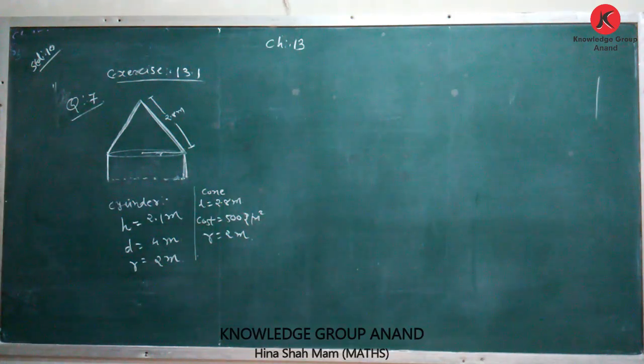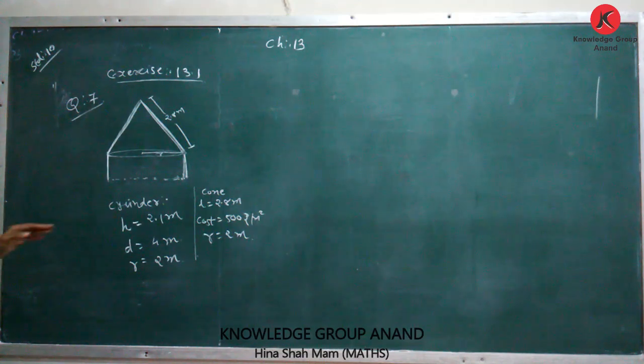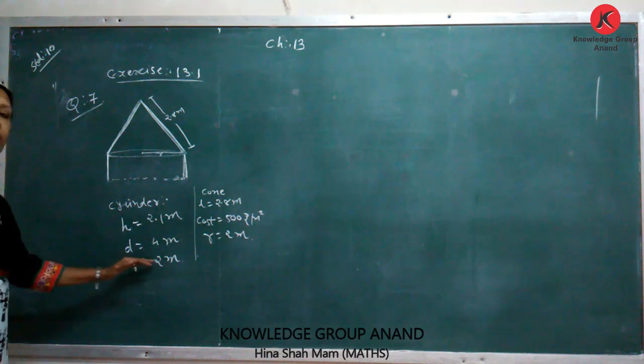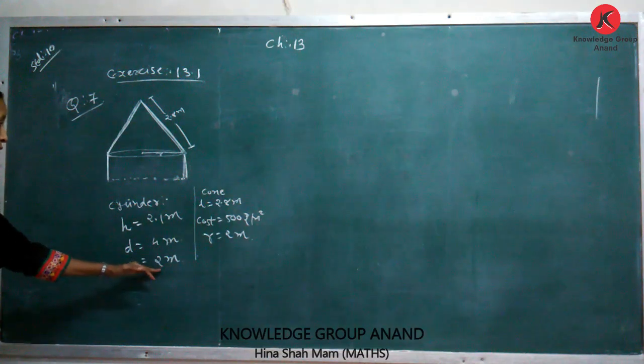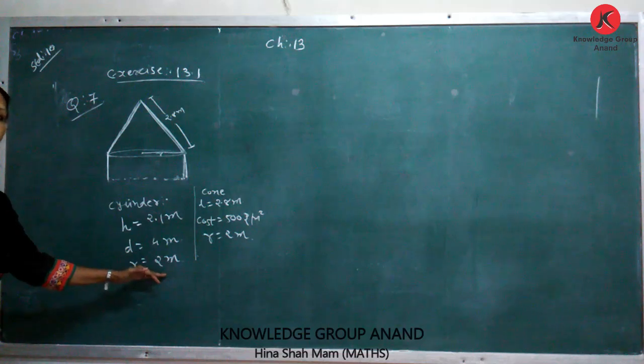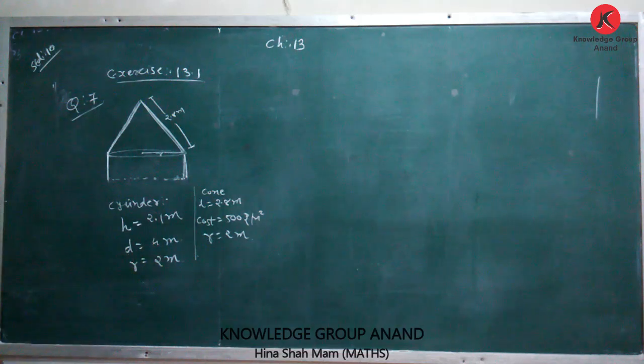In this question, cylinder height is equal to 2.1 meter, diameter is equal to 4 meter, therefore radius is equal to diameter by 2, equal to 4 by 2, equal to 2 meter.